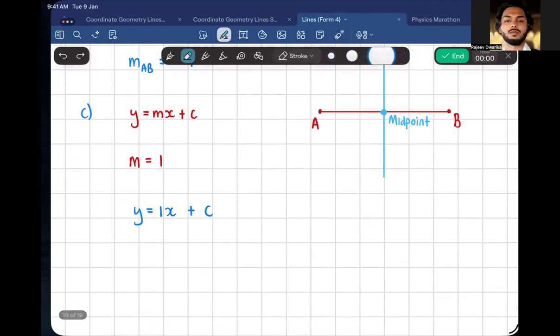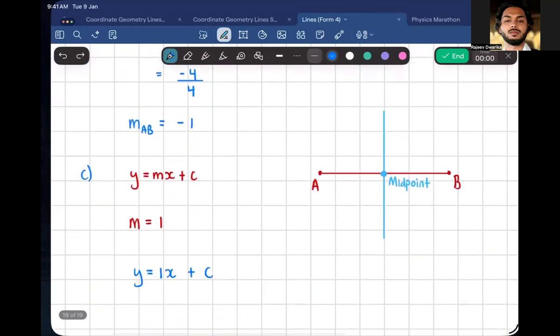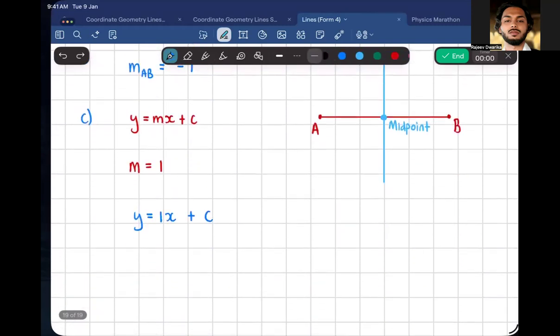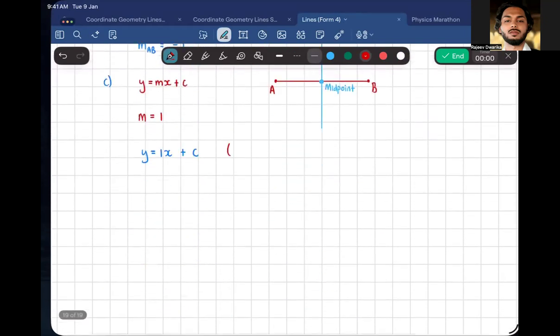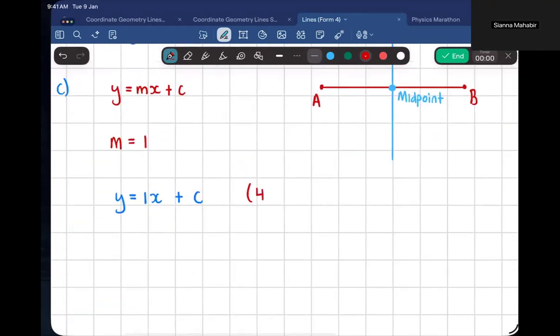So to find that, you're going to pick a point through which the perpendicular bisector passes. And we know that it passes through the midpoint. Could you remind me what the midpoint was? It was 4, 3. Okay.